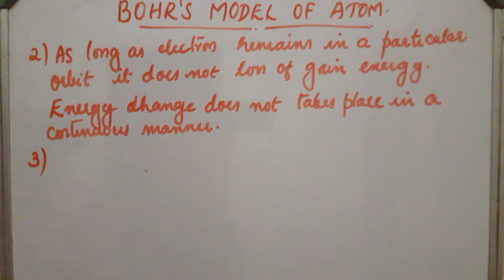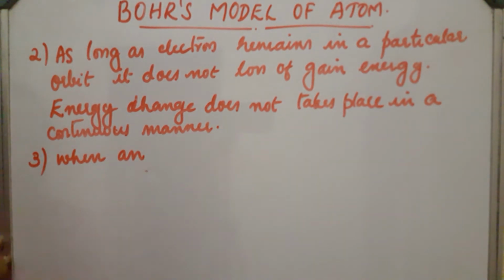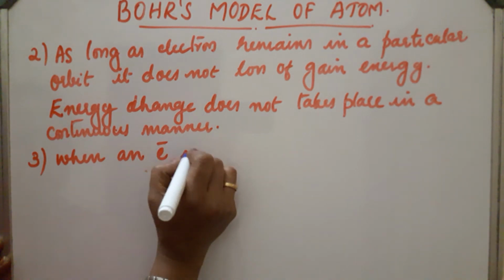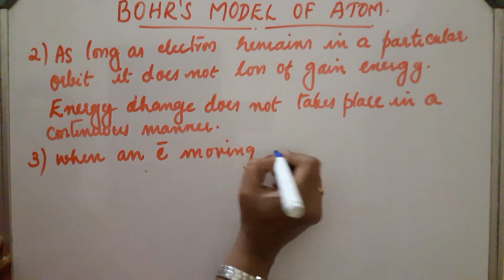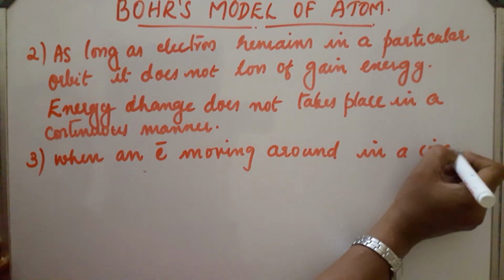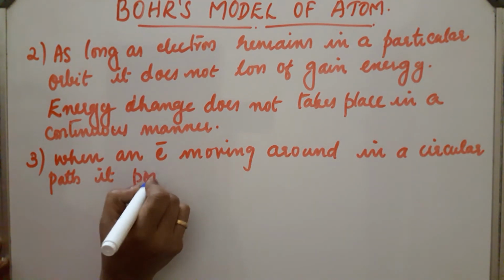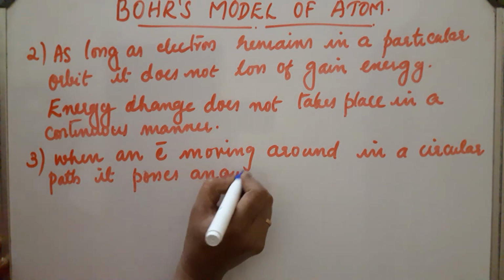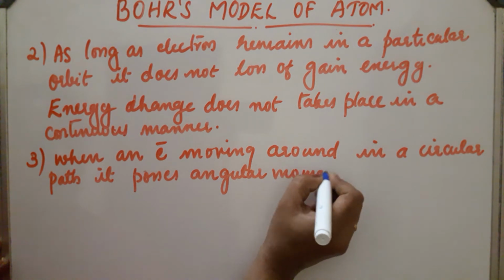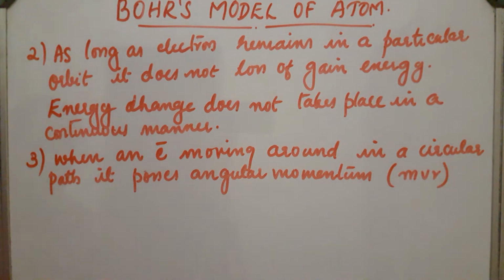Now the third point. When an electron moves in a circular path, it possesses angular momentum, which is equal to mvr.